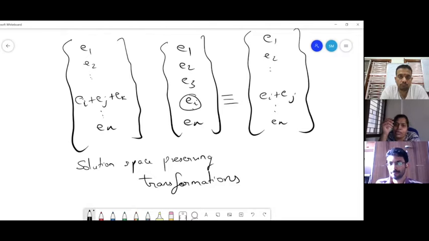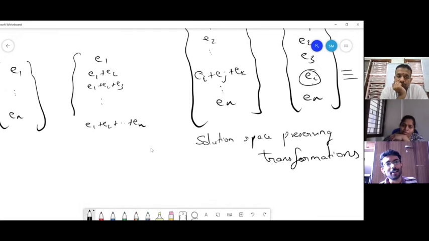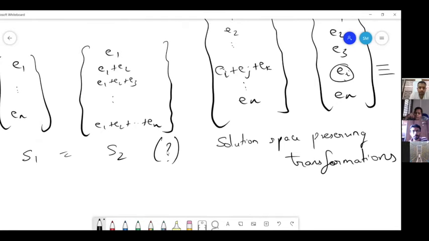E2 will be replaced by E1 plus E2, E3 by E1 plus E2 plus E3, and so on, so that En is replaced by E1 plus E2 plus E3 up to En. You are saying E1 as it is, E2 by E1 plus E2, then E1 plus E2 plus E3, and so on till E1 plus E2 up to En. So how will you establish this equality?